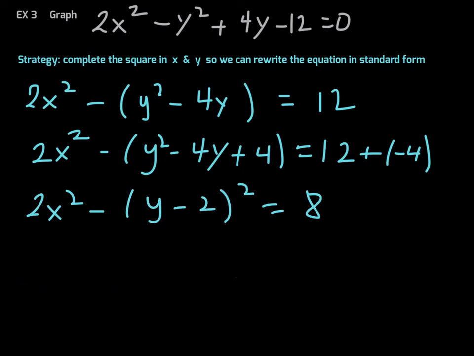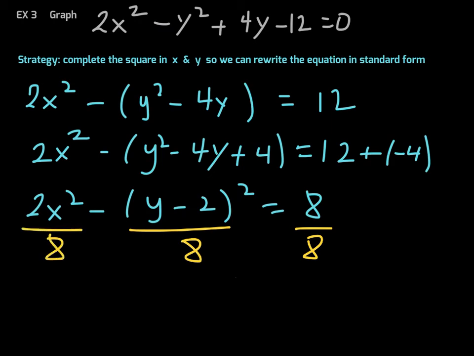Cool. Now, this equation is not in standard form until this constant term over here is 1, right? So what do we divide both sides by in order to get this number to be a 1? Divide it by itself, divided by 8. So if you divide this by 8, 8 divided by 8, of course, is 1. But you're going to have to divide everybody by 8, on both sides.